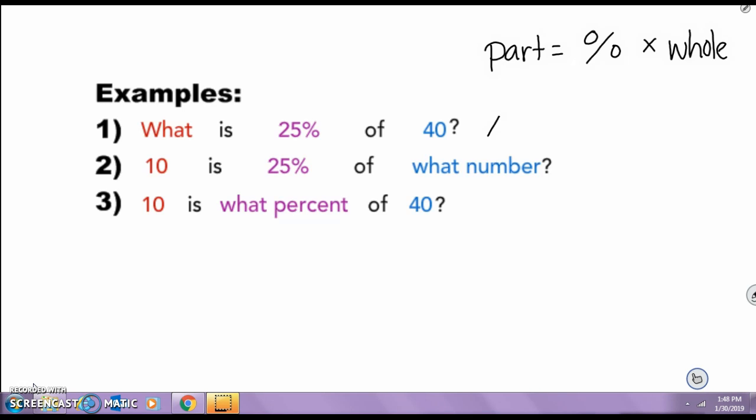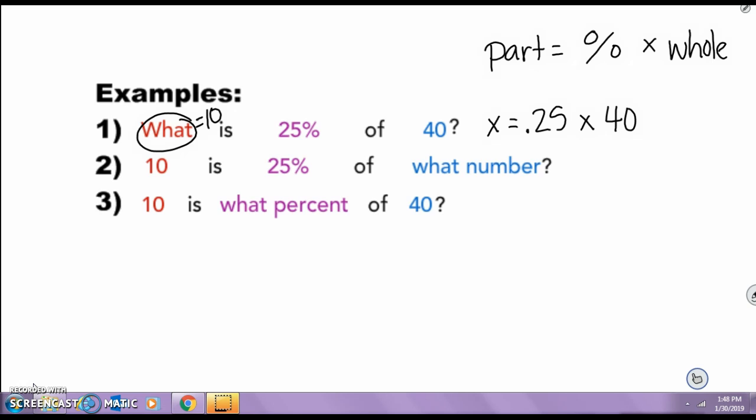So x represents our part, and x equals 25% or 25/100 times the whole, which is 40. When we multiply 40 times 25/100, we get that our part is 10.